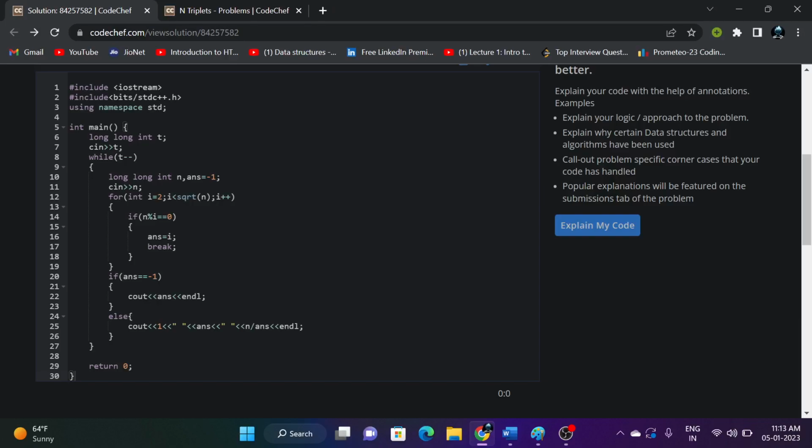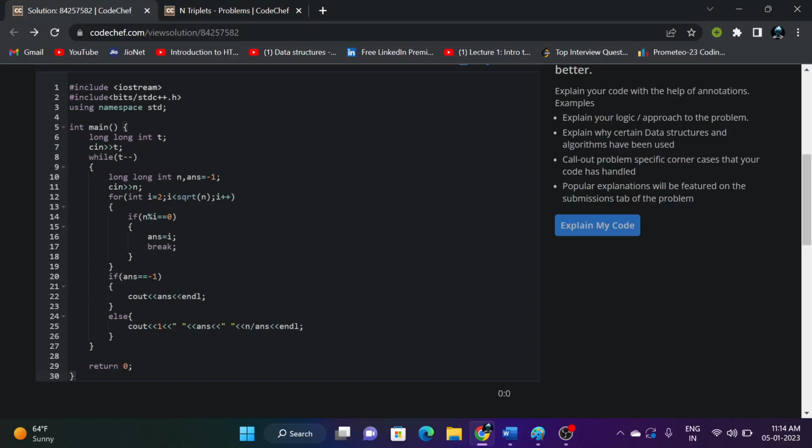Obviously, if n is neither a perfect square of a prime number nor a prime itself, then we have an answer. But if the condition is not satisfied, then we have to print -1. So we check from i equal to 2 to less than square root of n, such that we don't take its square root as one of its factors.